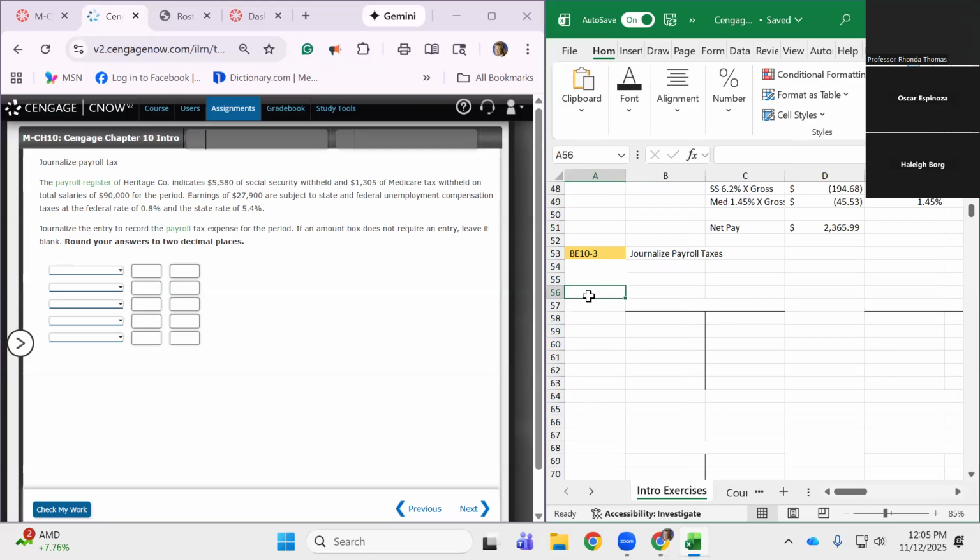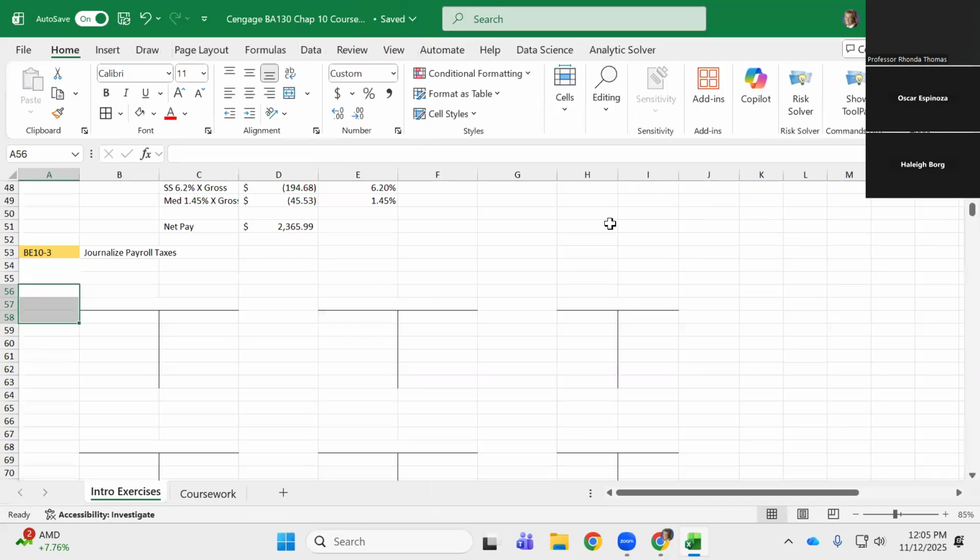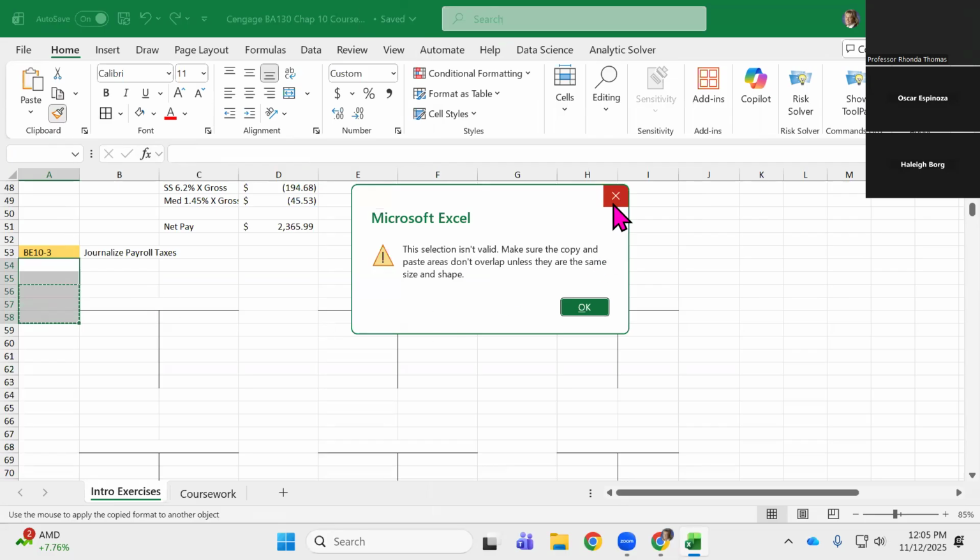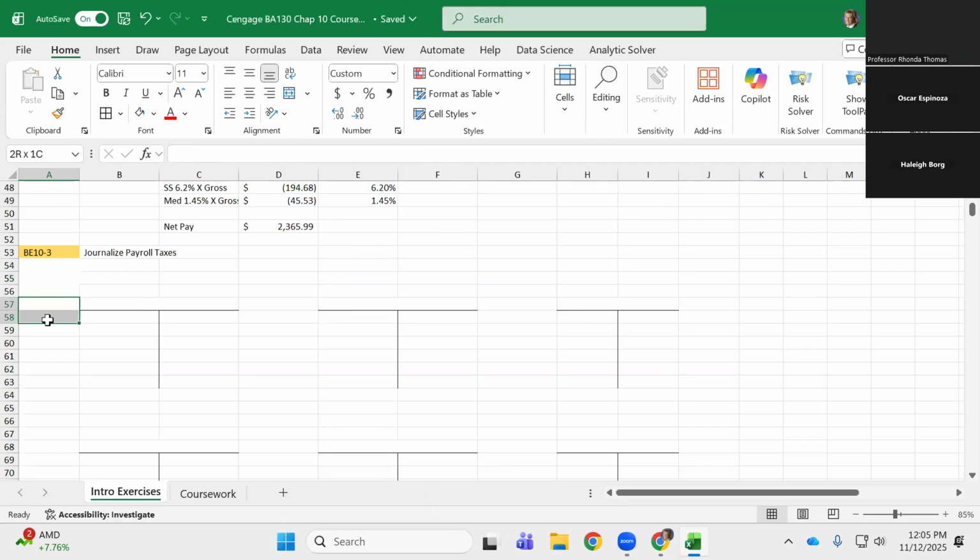Just because you have employees, you have to pay extra money besides just their wages. So this is when you hear businesses talking about the payroll taxes are killing us. Well, this is what they're talking about. They're not necessarily talking about paying people. They're talking about the extra that they have to pay.